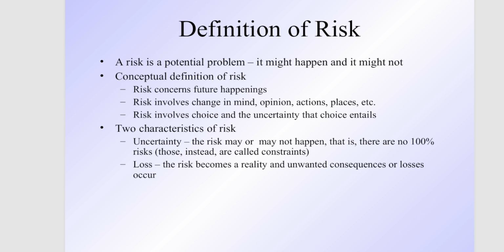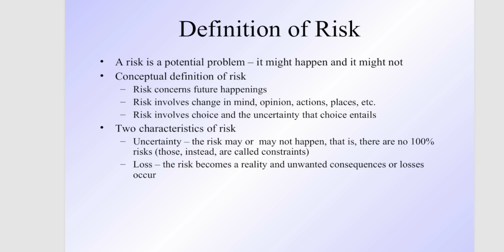Say there is a flood coming due to a crack in the dam. People start leaving that area because they see the risk of losing their lives, their properties, their belongings.